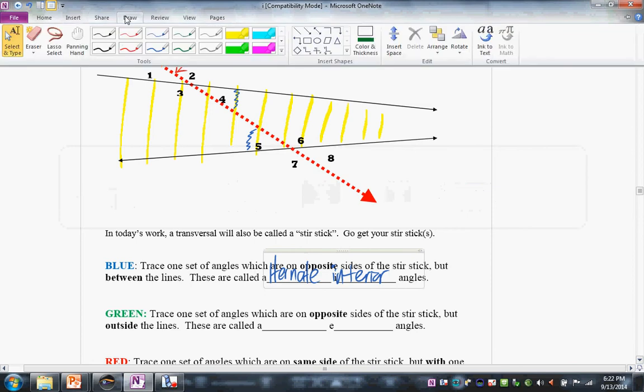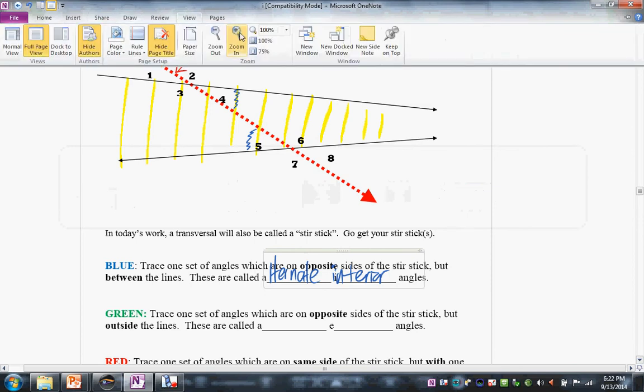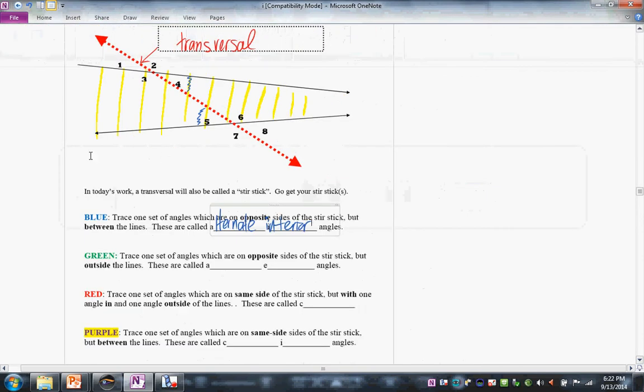Then you're going to have what's called alternate exterior angles. Alternate exterior. We're going to trace one set of angles which are on opposite sides of the stir stick but outside the lines.